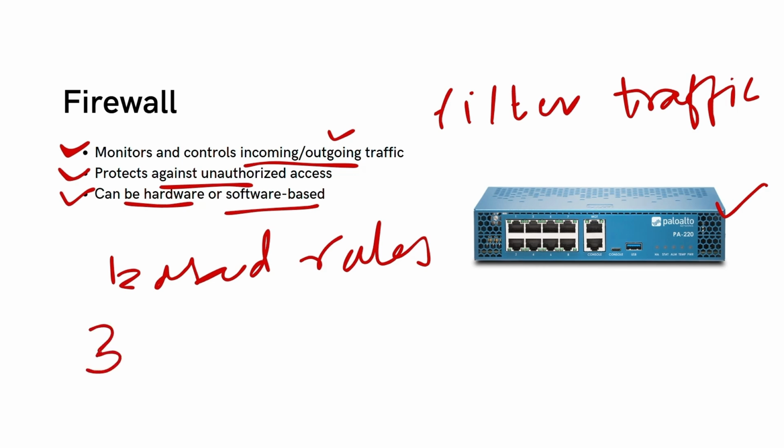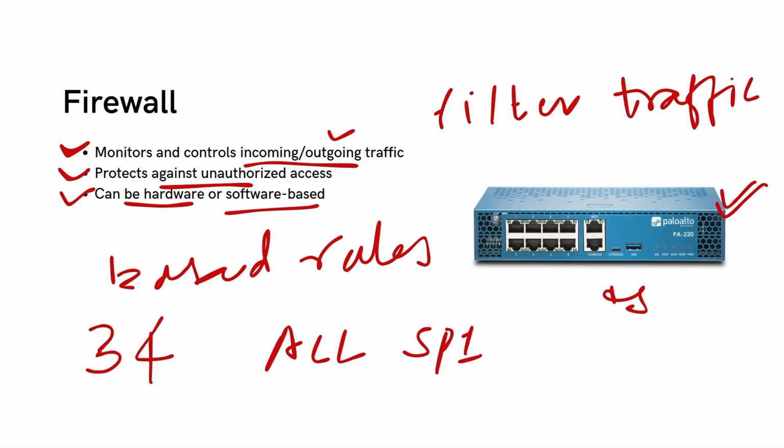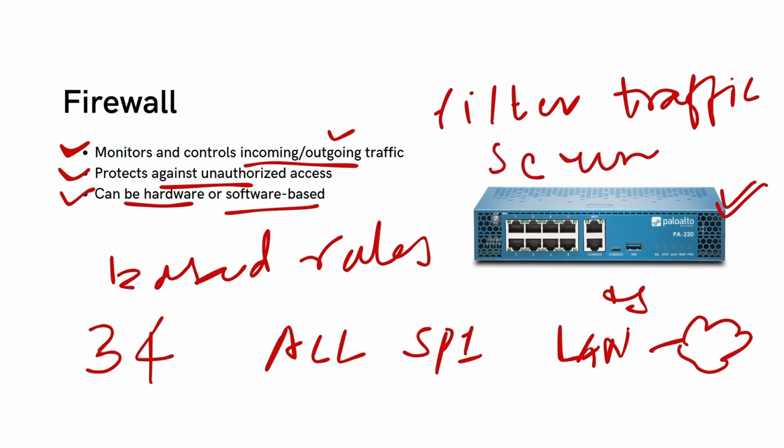It works at layer 3 and layer 4 of the OSI model. It uses ACL, access control list, and SPI, stateful packet inspection. And it can be hardware or software based, because it can be hardware like this Palo Alto device, or it can be software on an OS. So where can we use it? Between LAN and internet. Why do we use a firewall? To secure the network.